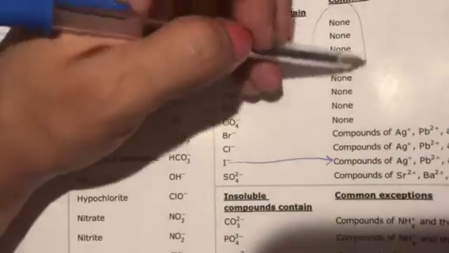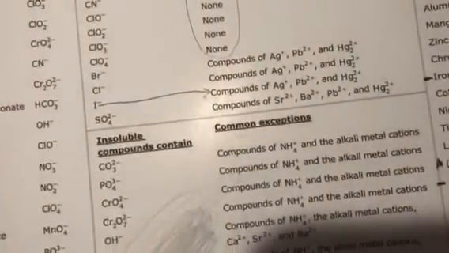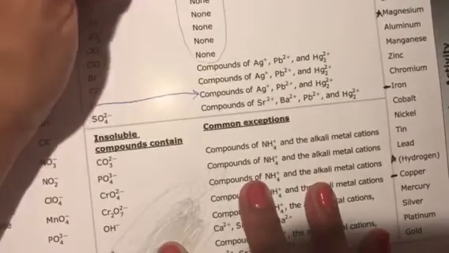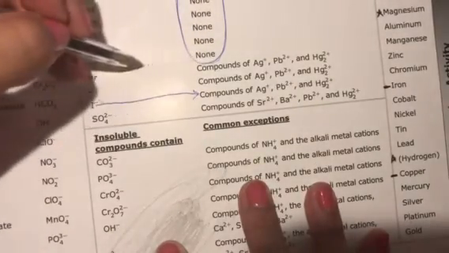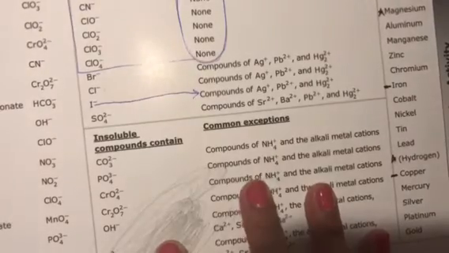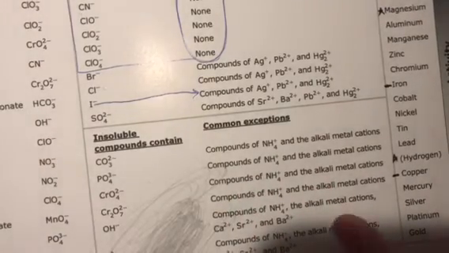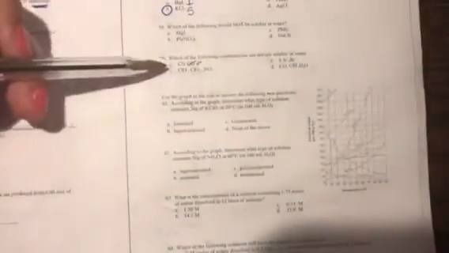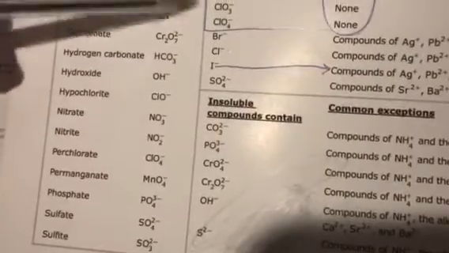So anything that's here, if there's 3 elements out of your options, A, B, C, D, that are in this category, that's gonna be the answer because those are always soluble no matter what. There's no exceptions. So you're gonna look out of your options, which 3 fall in this area. So you guys can go ahead and do that.